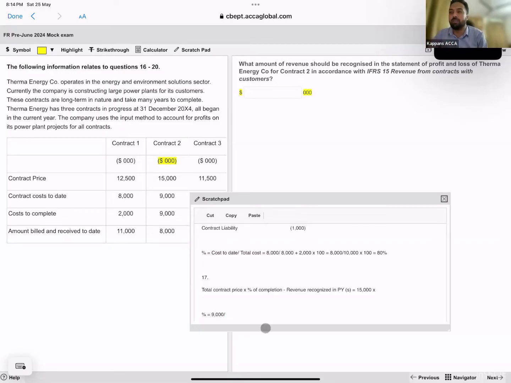Total cost is cost to date 9,000 plus estimated cost to complete, so 18,000. So 9,000 out of 18,000 is equal to 50 percent. So 15,000 into 50 percent is equal to $7,500. That is the answer.